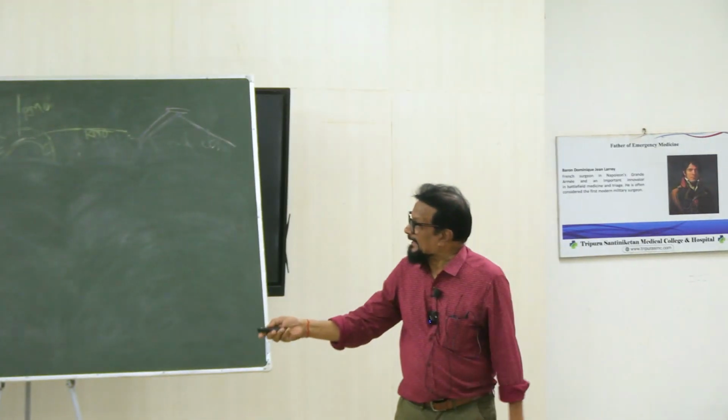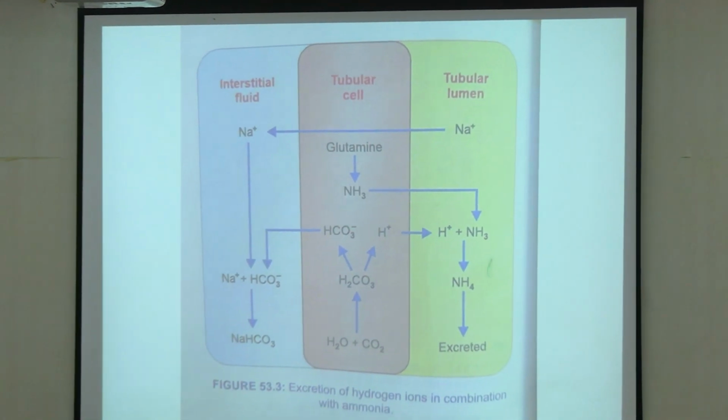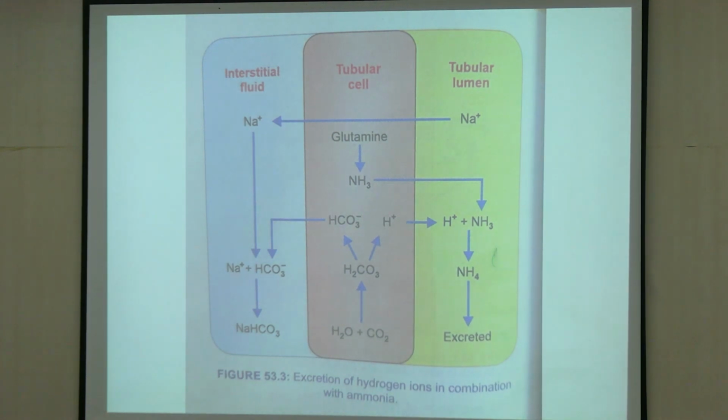So within this epithelial cell, there is glutamine. Okay, there is also glycine. When some amino acids are deaminated, what do they form? Ammonia is formed. Now ammonia can easily enter. These are water soluble. They can easily penetrate into the luminal fluid.